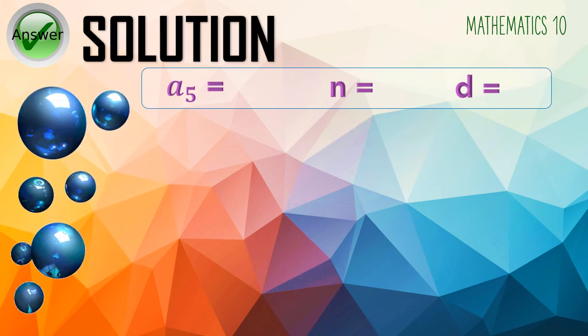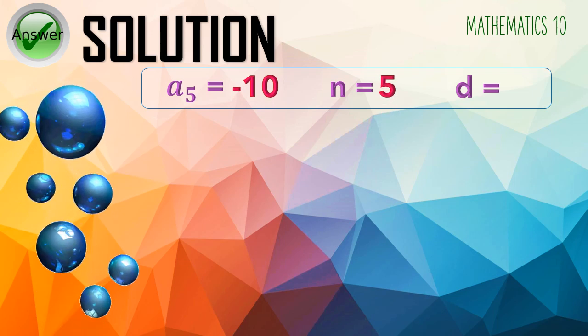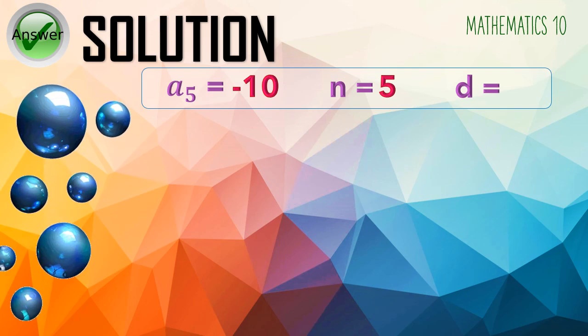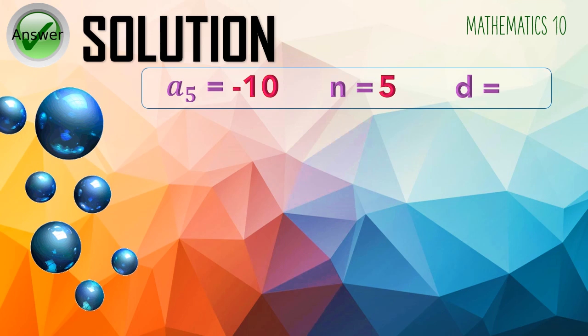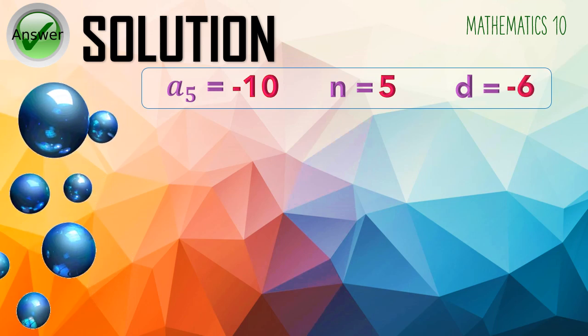Our a sub 5 is negative 10, and since the maximum term mentioned in the problem is 5, we are supposed to assume that the last term is 5 for now, and then the common difference is negative 6.